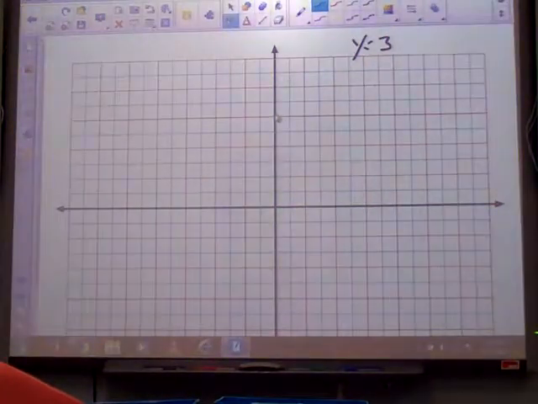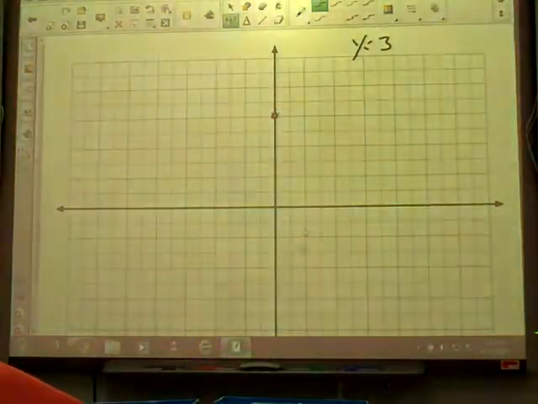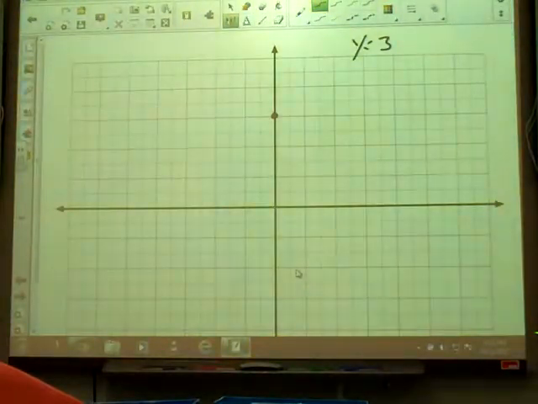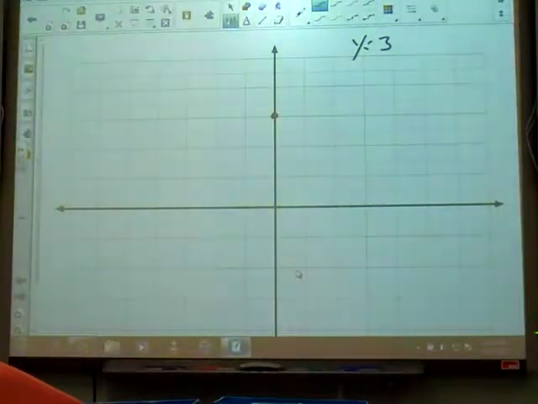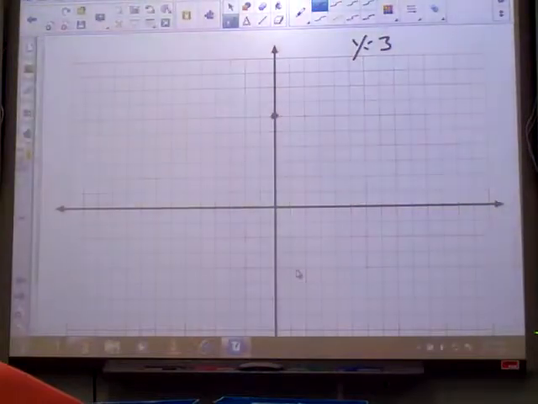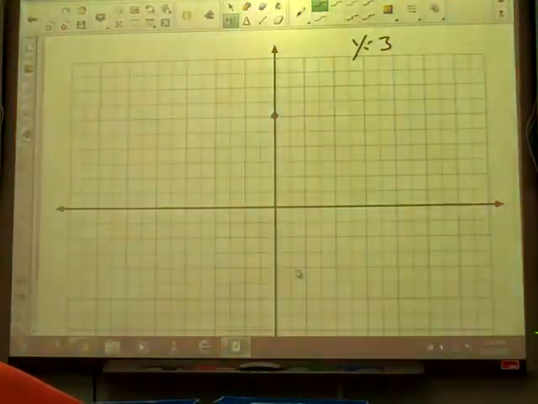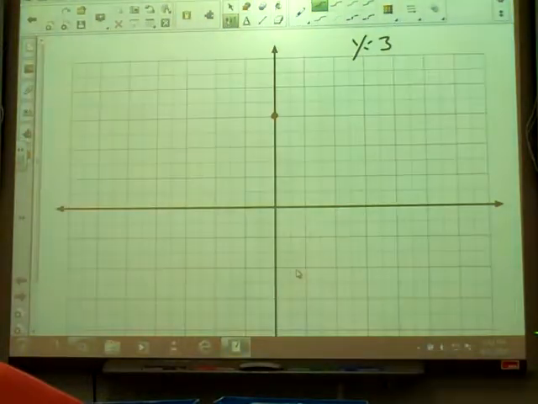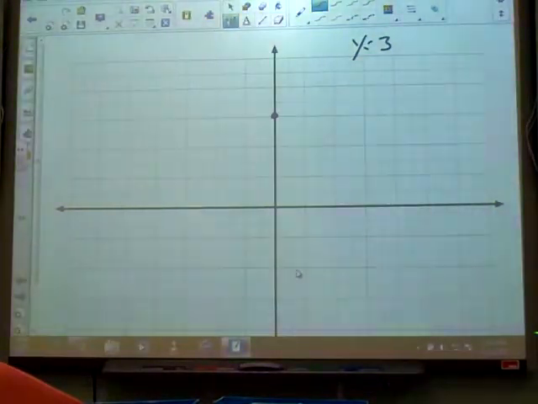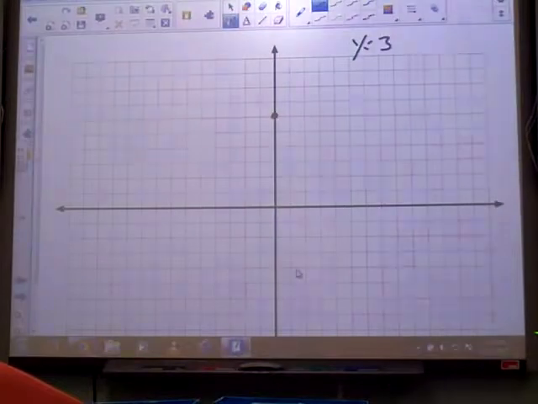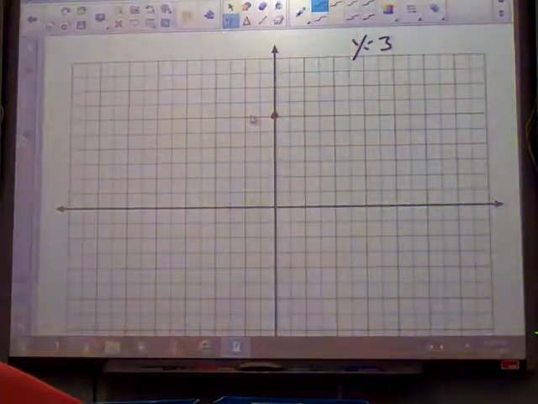I'm going to go up to 3 and put a dot. Now what's my x? What value of x corresponds to a y of 3? 0. 0 does. What else? Negative 3/4. But we're on a different problem though, but I'll go with that. Negative 3/4 would work.